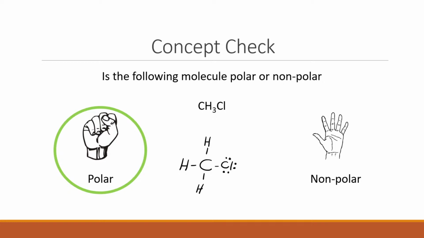I can only draw one line of symmetry, this horizontal line of symmetry through the molecule. I cannot draw a vertical line of symmetry here, because if I draw a vertical line of symmetry, I'm saying that an H is the same as a Cl, which it is not. So the only place for symmetry in this molecule is horizontally through the middle. One line of symmetry makes a polar molecule.